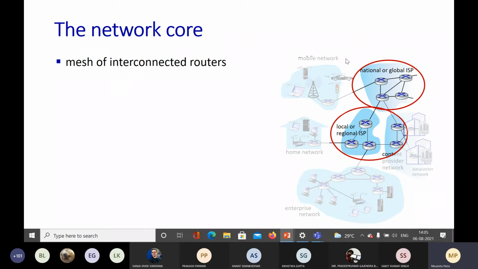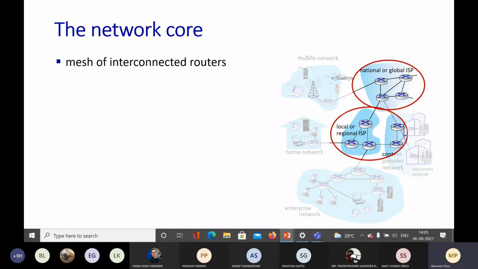Today we are going to look at these highlighted parts. These highlighted parts basically form the network core. They are either the regional ISP or global ISP. What the regional ISP and global ISP are, we will see in this chapter itself.